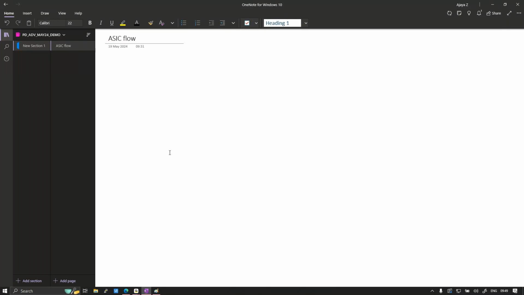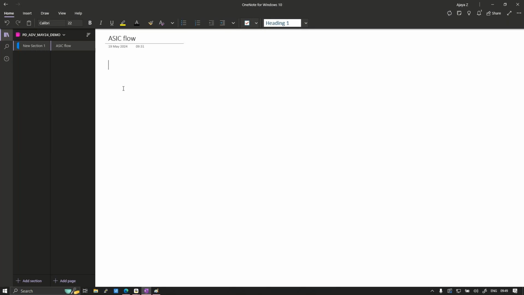I think most of you might not know this, but for this session I'll use an application called OneNote. Try to use it as much as possible, because OneNote helps you in multiple cases.